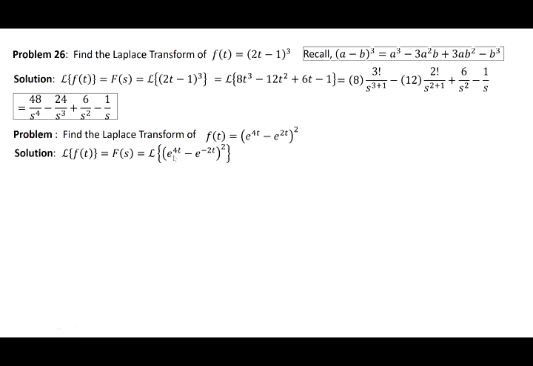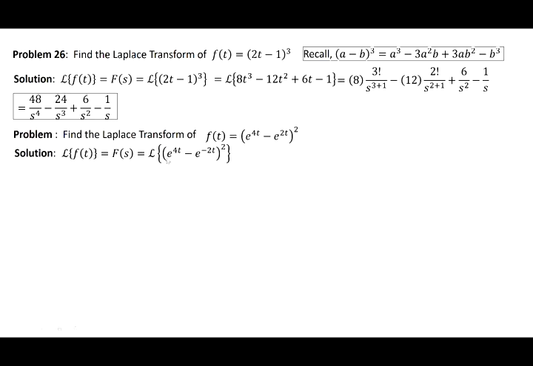Do not say e^(16t²). No, it's not. (a^m)^n is a^(mn), right? So e^(4t) times 2 makes it e^(8t). E raised to the quantity 4t times 2 is e^(8t).